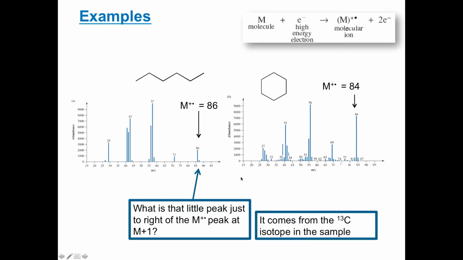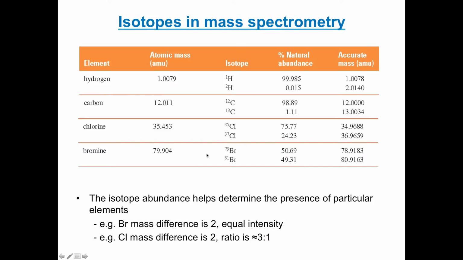So this idea of isotope patterns is actually really valuable in mass spectrometry. We can get a lot of info out of the isotope patterns. Hydrogen is not so useful in terms of isotope patterns, because almost 100% of the hydrogen natural abundance is hydrogen-1. It gets more interesting though with carbon, because then you've got a 1% abundance of carbon-13, which means that starts to become meaningful in the mass spec and we can detect that difference.